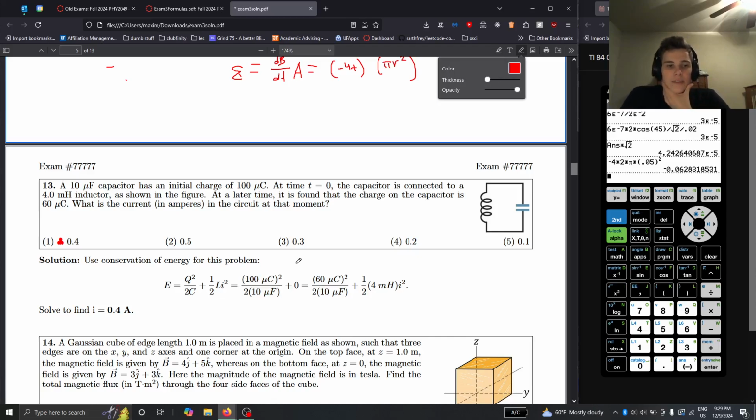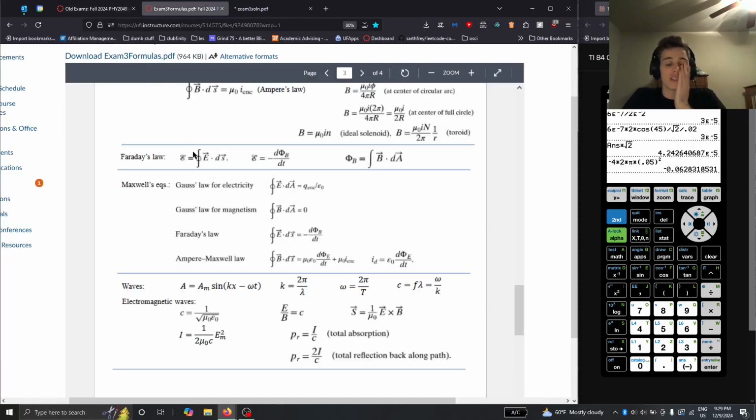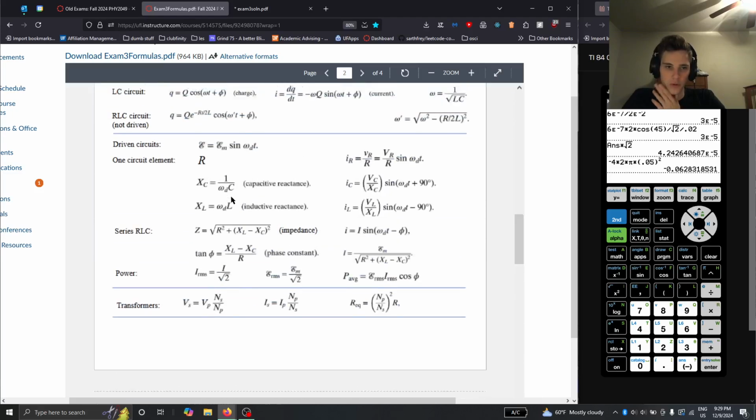So we got a capacitor connected to an inductor, and that's happened. When you see a problem like this, where you're given a capacitor with an initial charge, and a system is set up, and stuff just happens through it, and you're given certain values and you want other values, a lot of times you should just look at the energy stored in these things.